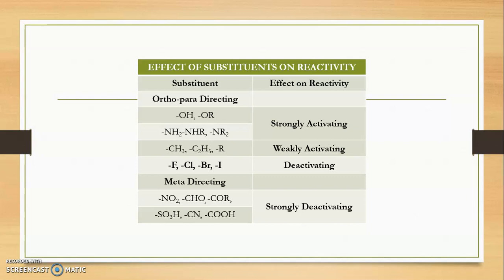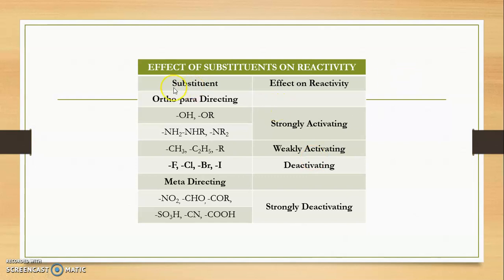You have to check which effect each substituent shows, whether it shows an electron donating inductive effect, an electron withdrawing inductive effect, an electron donating resonance effect or an electron withdrawing resonance effect. Depending upon that, these substituents can be classified, and you will understand the effect on reactivity.